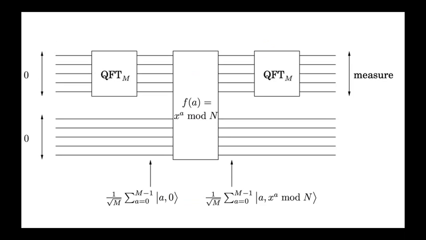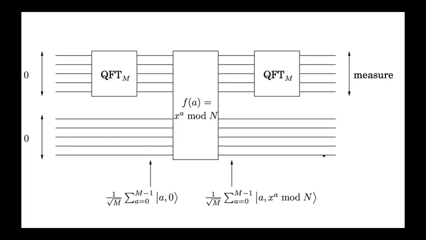So what does the circuit finally look like for factoring? This is what it looks like. You start with 2 registers. The first one you start with value 0, and you perform a quantum Fourier transform mod m. The other register will contain the answer value. Now you put it through this circuit for computing f, where f of a is x to the a mod n.